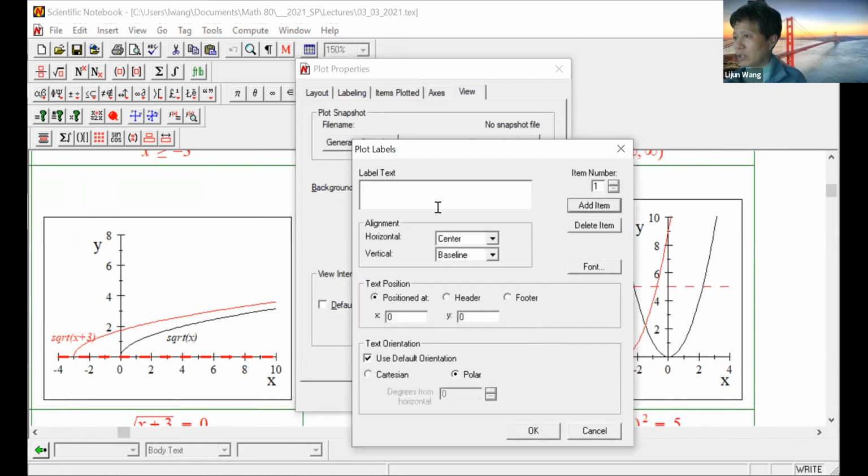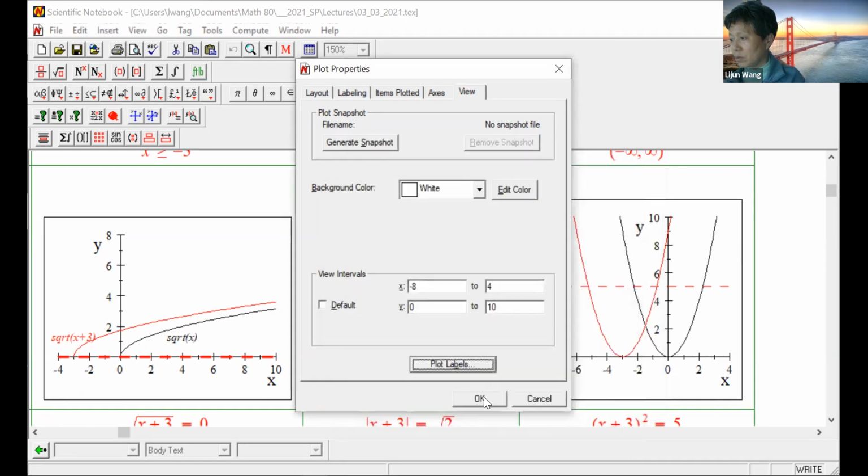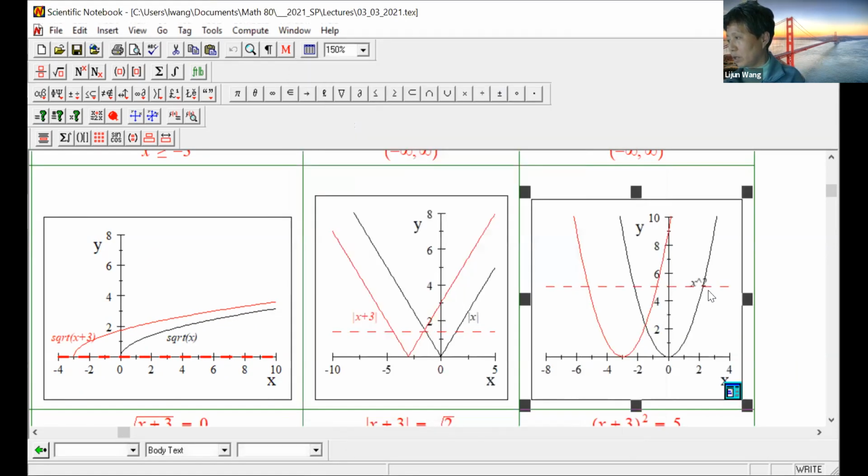And over here, I'm going to add the x squared. Okay, so that's the x squared.